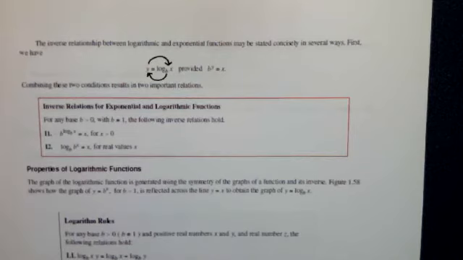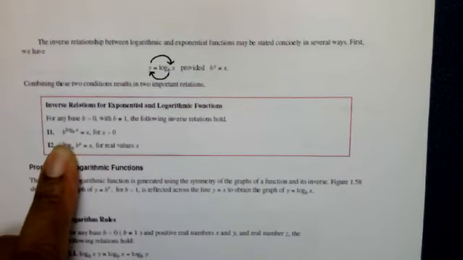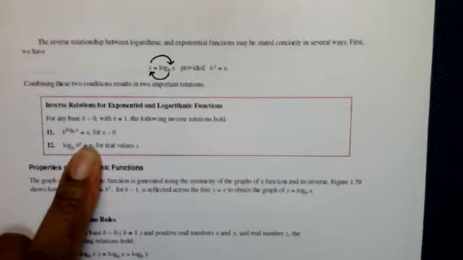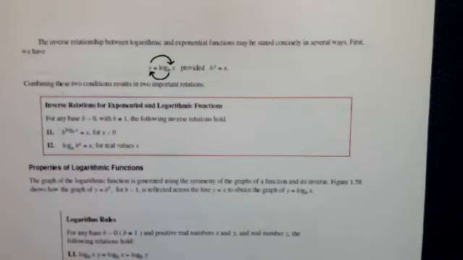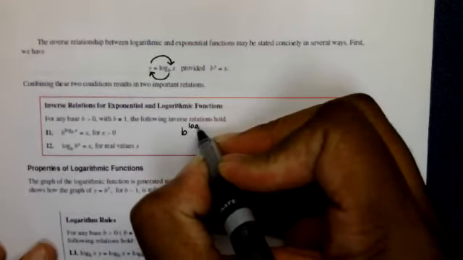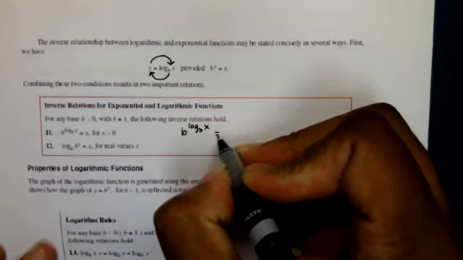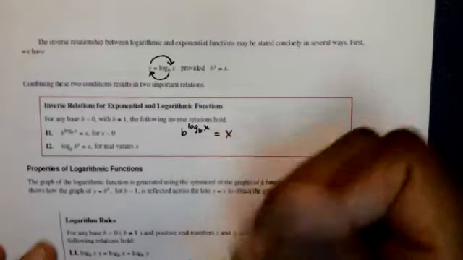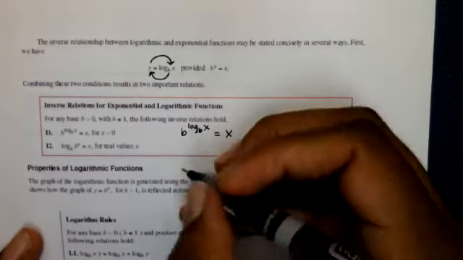And then we have inverse relations for exponential and logarithmic functions. Here, if you have b raised to the log to the base b of x, that's equivalent to x, because b and log to the base b are inverses of each other.